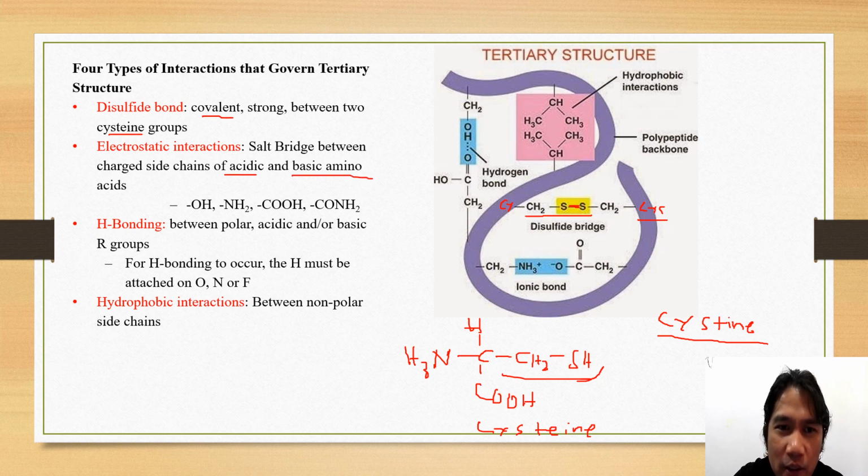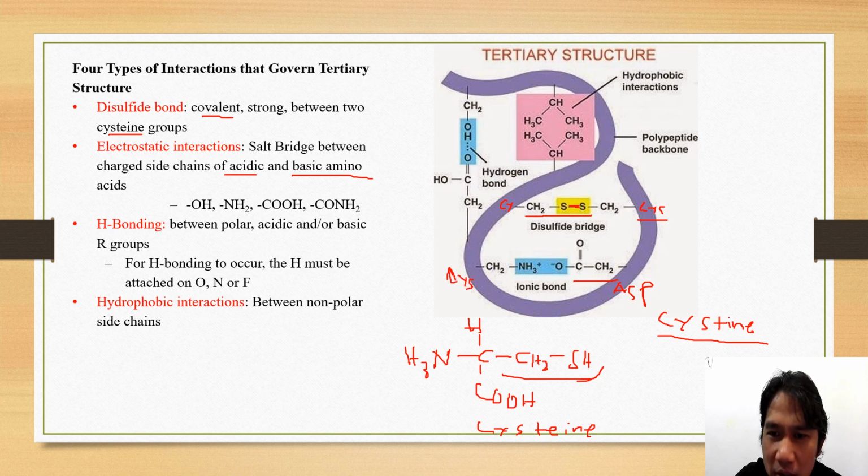I repeat, electrostatic interaction happens where there are amino acids that are acidic and basic amino acids. What are examples of acidic amino acids? Let's say this is aspartate, or aspartic acid. In this region, there is aspartic acid. On this region, let's assume that this is lysine.